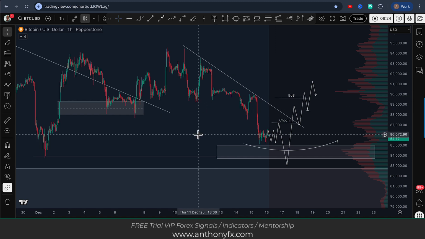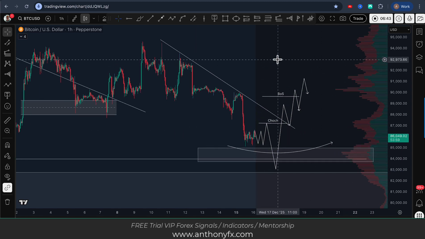Keep an eye on the Nasdaq as well. That's generally fairly correlated with Bitcoin. The NAS has pulled back. If it holds and we get an end of year Santa rally, that would be awesome. That's what I'm looking for. Now we've got NFP tonight.